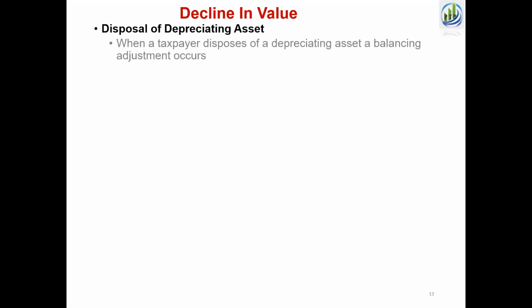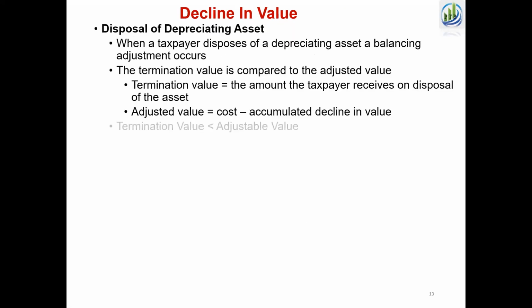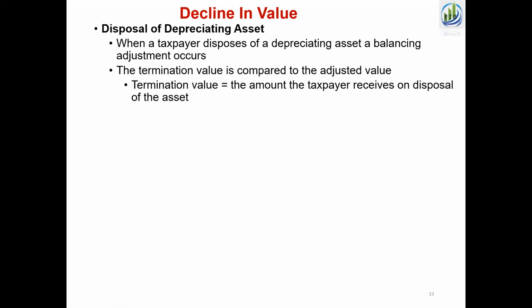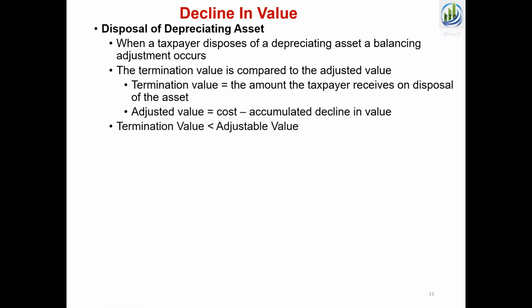My goodness. All right. So depreciating assets: when you are selling your assets, sorry, I think I did not share the screen. I will repeat again. When you are disposing of your assets, you do the calculation of your termination value, which is the price you are selling your asset for, against your adjusted value, your book value.